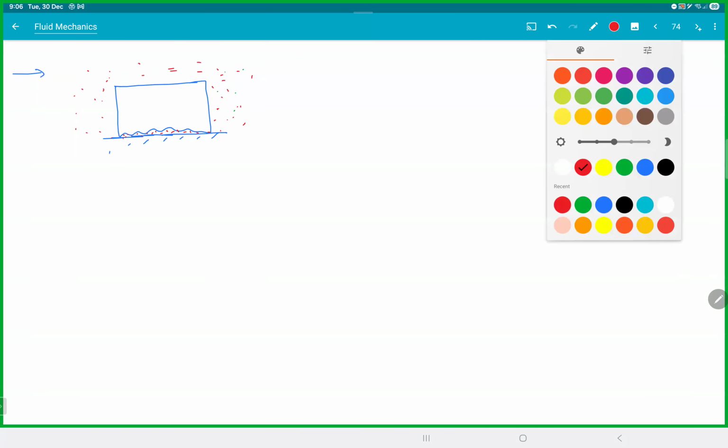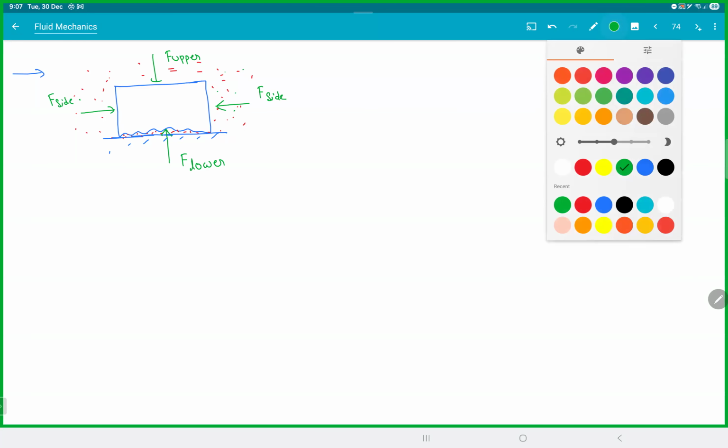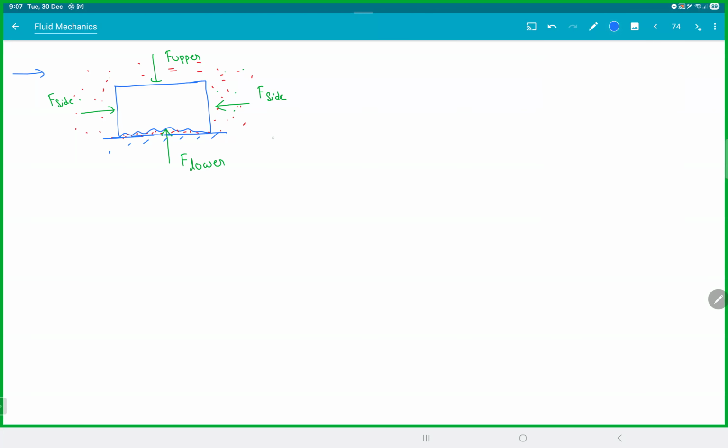So there is a force due to the liquid from the lower side, and there's a force due to the upper side. There's a force due to the side walls. In reality, this is how anything will actually look, because the surfaces are not perfectly smooth.